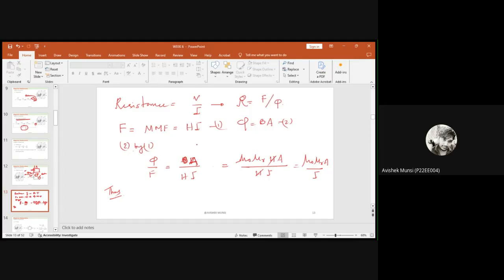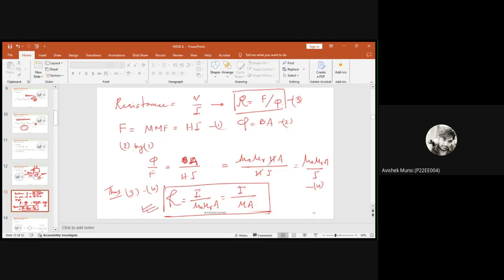Considering equations 3 and 4, we can define reluctance as l by mu 0 mu R A, or it can be replaced by the absolute permeability, l by mu A. That is what reluctance is.